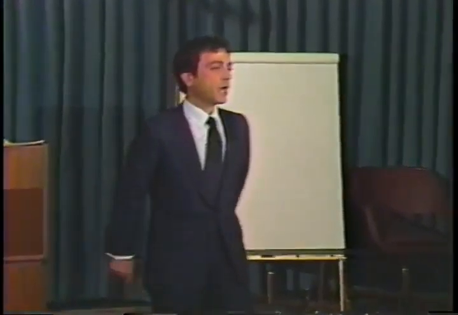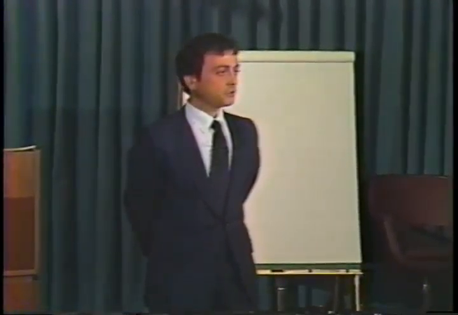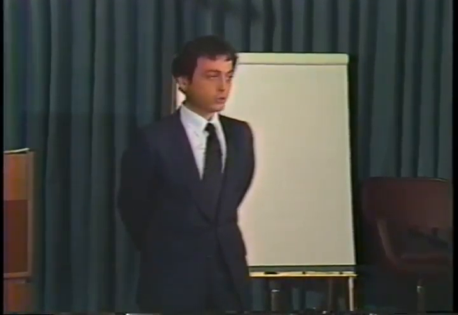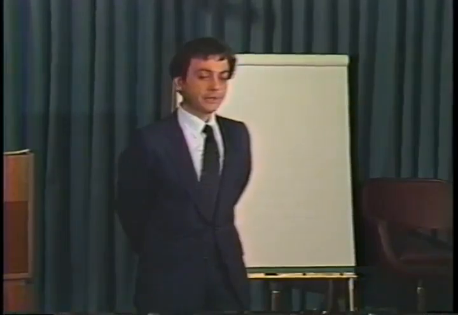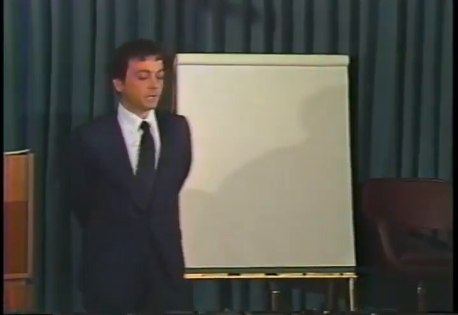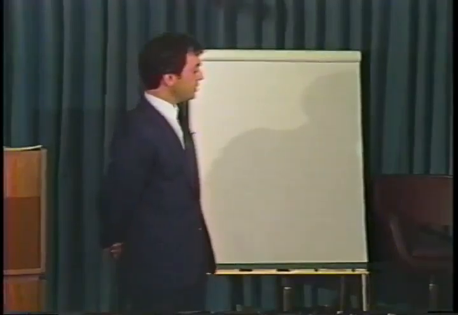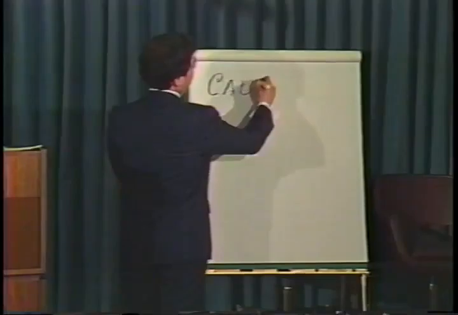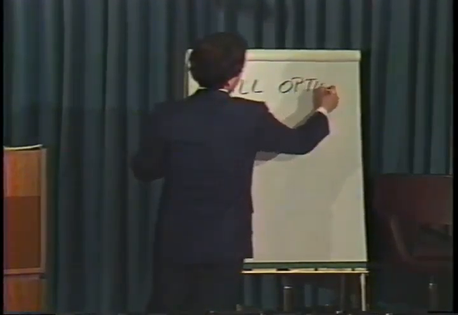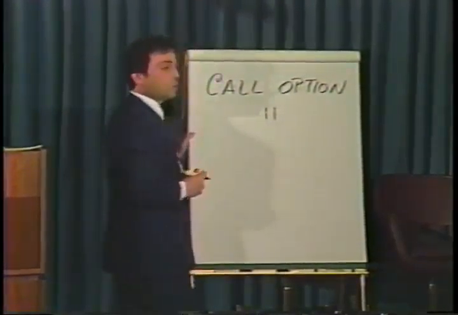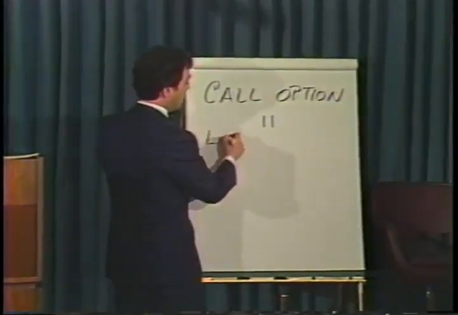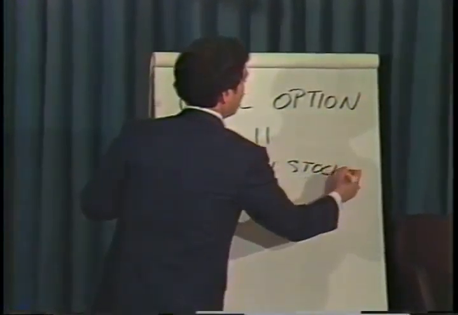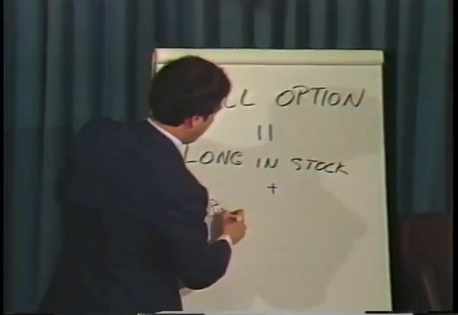Many people had thought about how to derive an option pricing formula, and they were unable to find a closed-form solution for it, even using very, very high mathematics. But the ingenious insight of Black-Scholes was that a call option equals being long in stock and borrowing money.